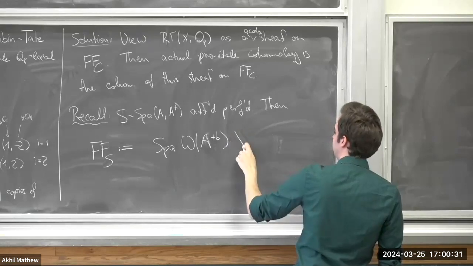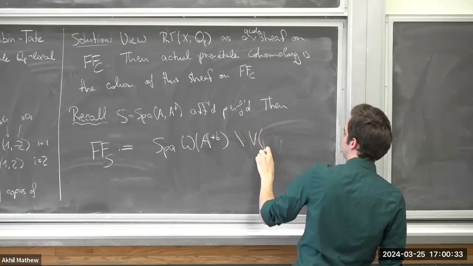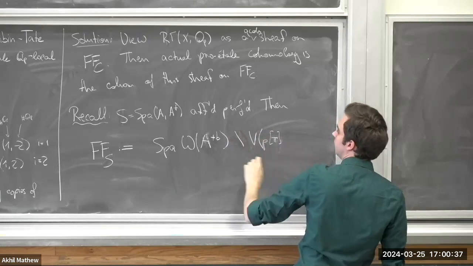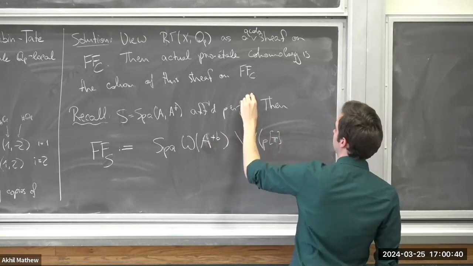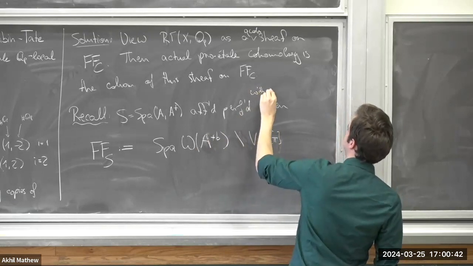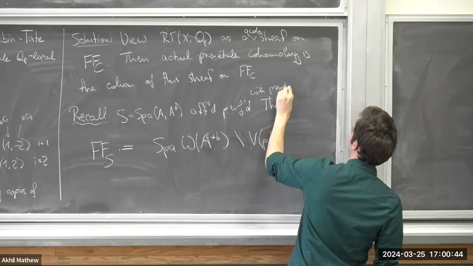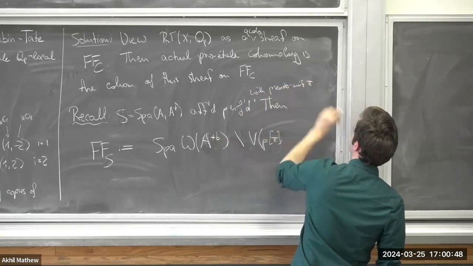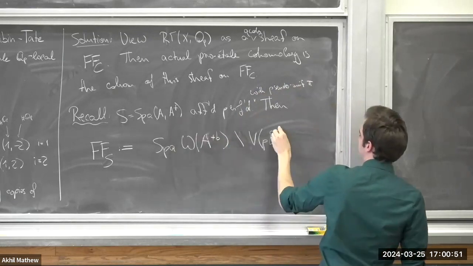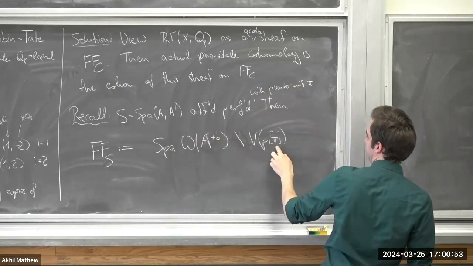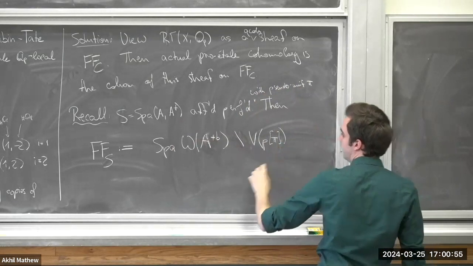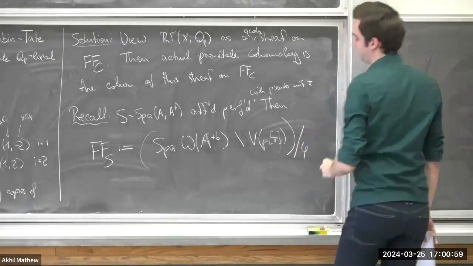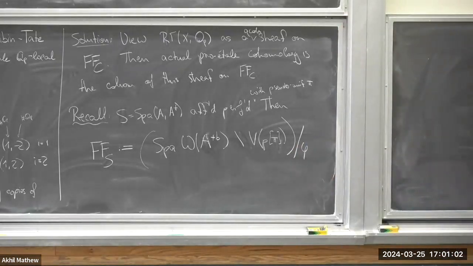So I take the space, I remove the zero locus of p and of the lift of pi, which is an element of A^+, and then I take the whole thing and mod out the Frobenius action. Okay, so this is a p-adic space.